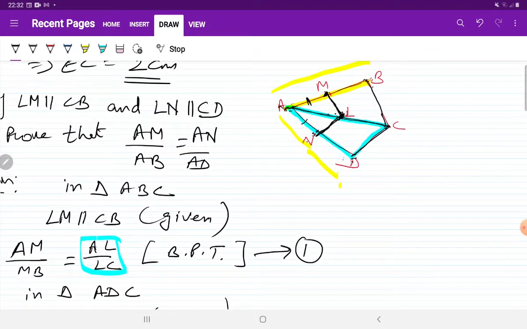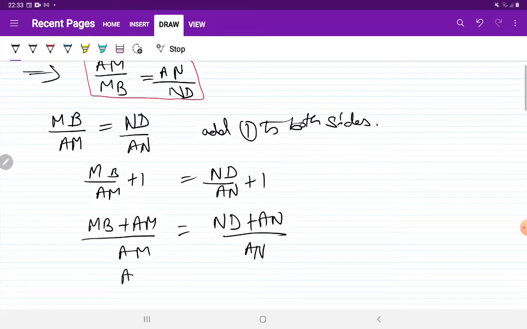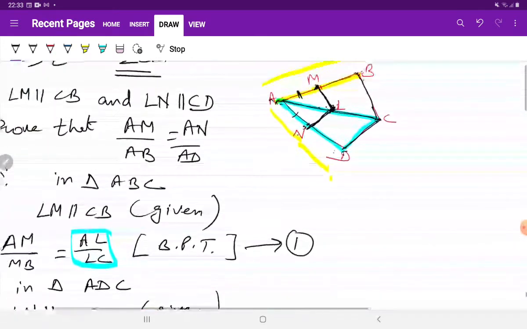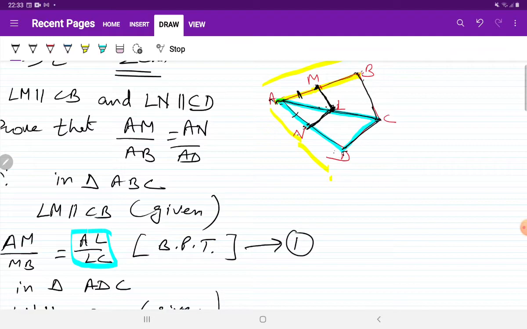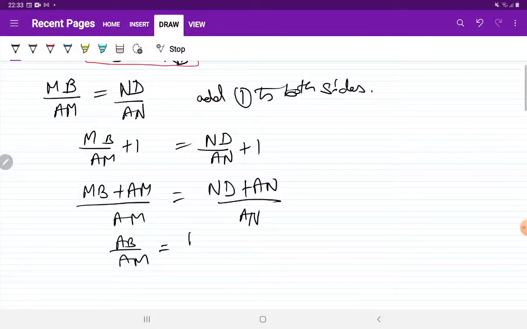MB plus AM, we have AB. AB upon AM is equal to, again, ND plus AN, again we have AD. Okay. That is AD upon AN. Got it? AB upon AM, AD upon AN we got.